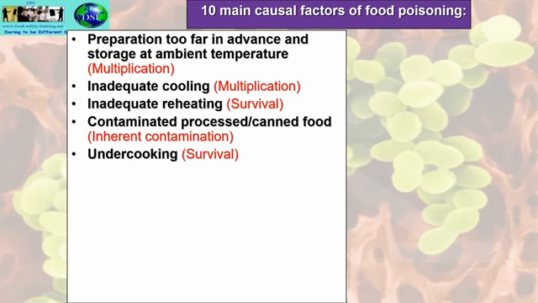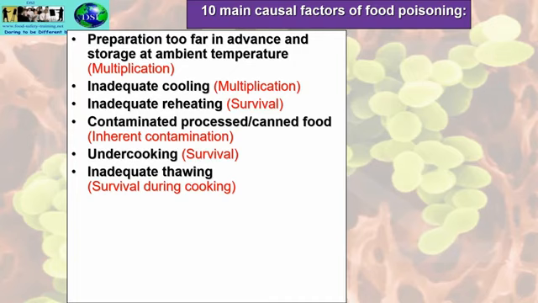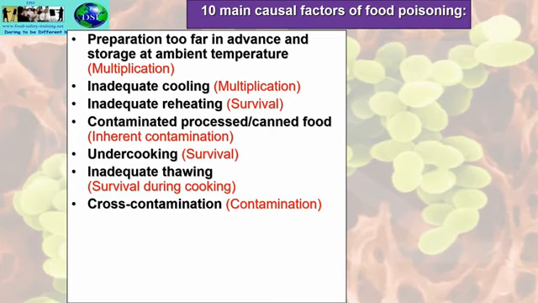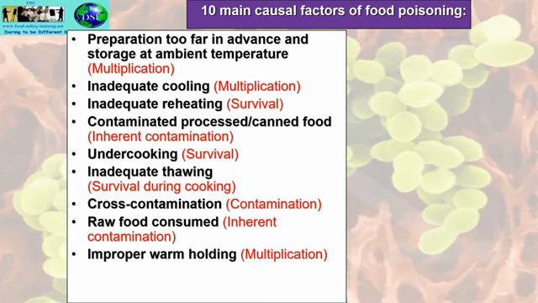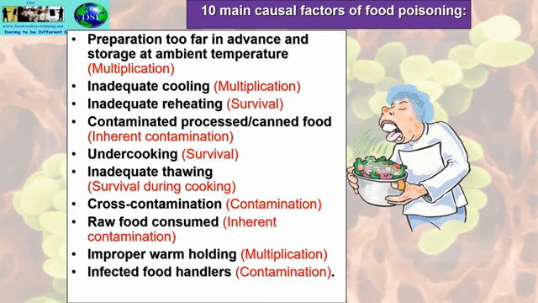Undercooking, again survival. Inadequate thawing, survival during cooking. Cross-contamination, again causing contamination. Raw food consumed, inherent contamination. Improper warm holding, where you'll get multiplication. And infected food handlers, leading to contamination of the food product and therefore food poisoning.